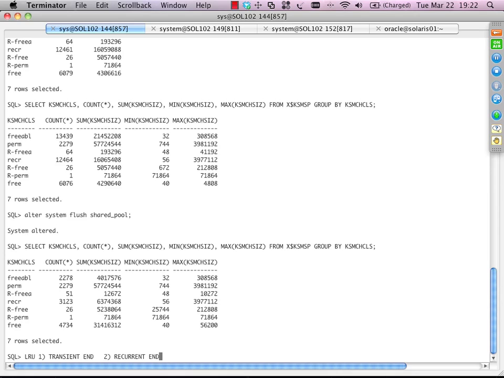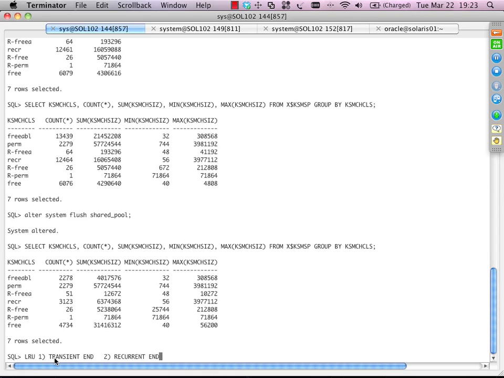Any chunk which is only pinned twice is going to be in the transient end. So any SQL which you only execute once is going to be pinned twice. You load it into cache, that's one pin, and then you execute it, that's another pin. So this is going to be in the transient end, and these would be the chunks which are first thrown away when there is memory pressure.